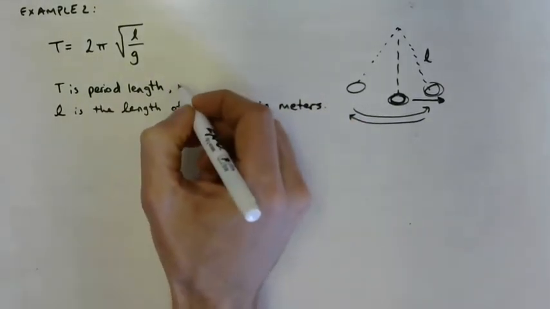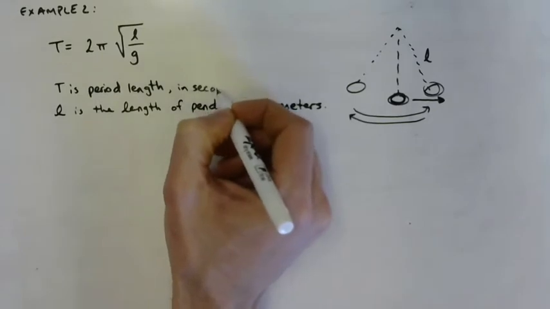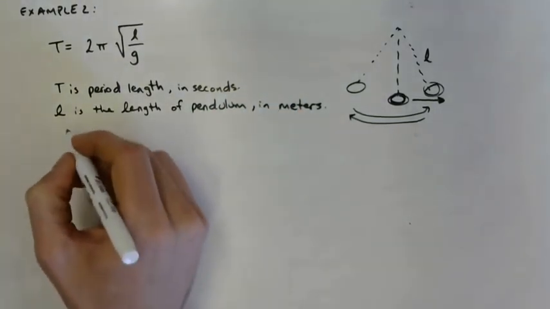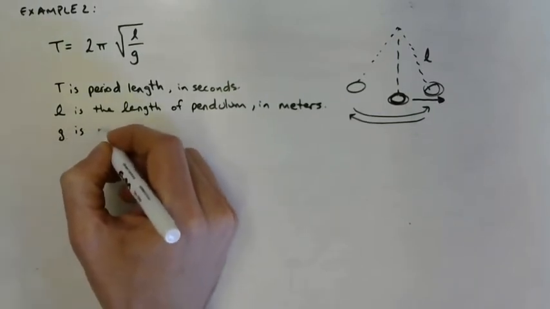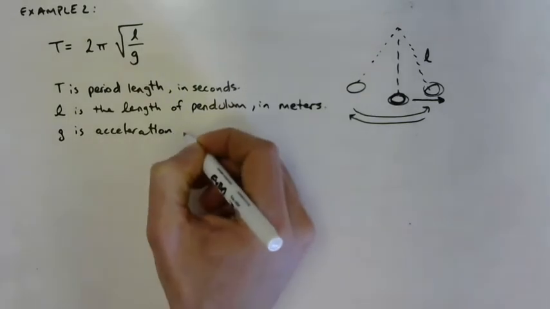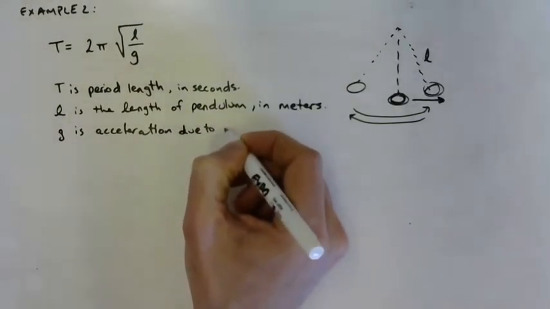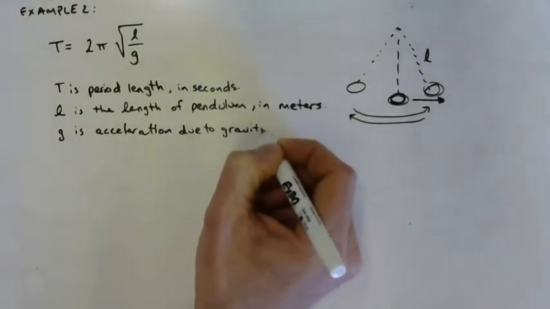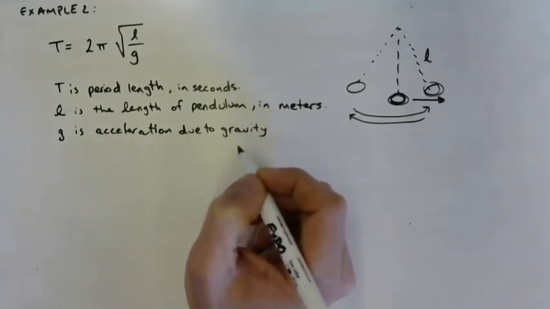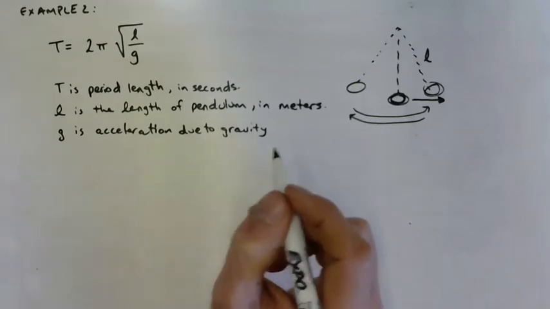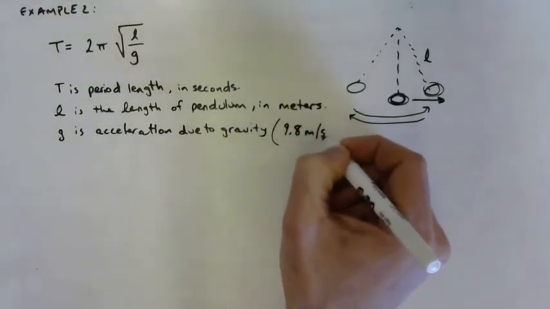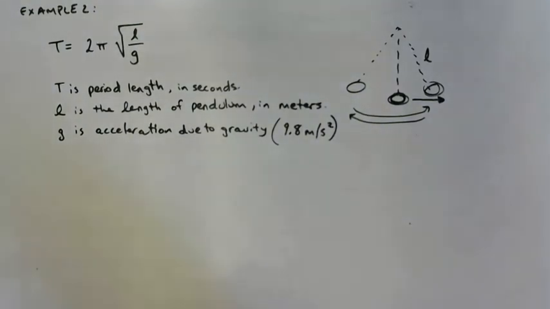T, the period length, is in seconds. g is acceleration due to gravity, which has a constant value of 9.8 meters per second squared on Earth.